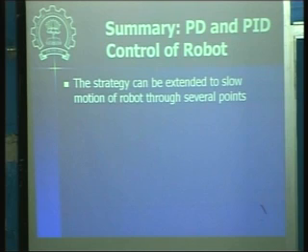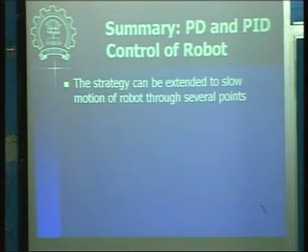Now the PD and PID strategies we have seen can be extended to slow motion through several points. You can specify several points next to each other, and then slowly move the robot through these points. This is in a very crude fashion, like you are tracking some trajectory, but very crudely.